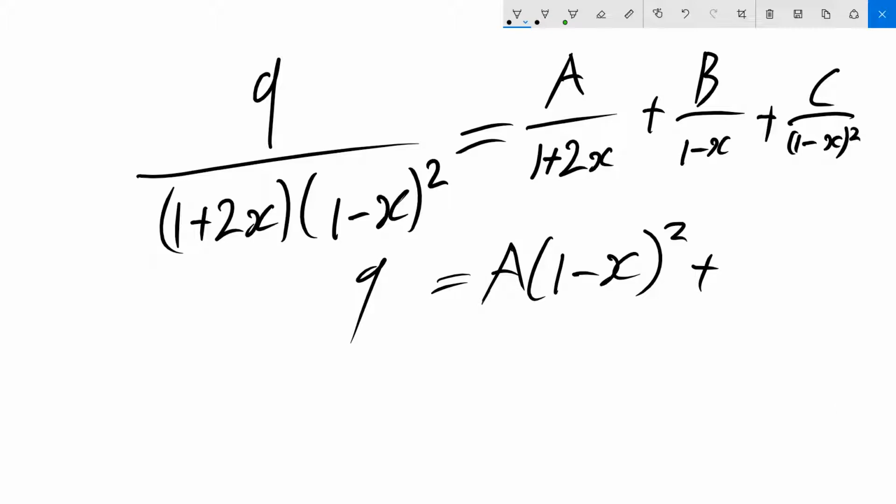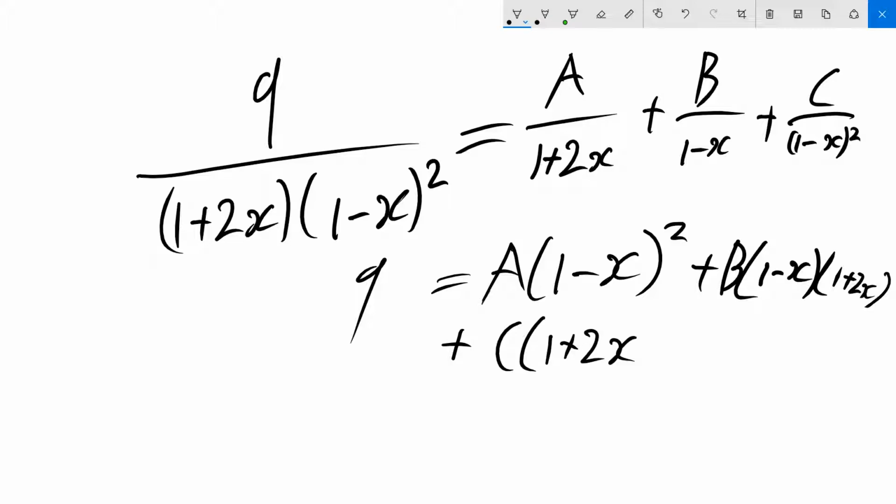So then we have to work out B. So B's missing a 1 minus x to make it a 1 minus x squared, and it's missing what the denominator over at A has. So we have B lots of 1 minus x lots of 1 plus 2x. Now I'm going to have to go into a new line, plus, and this is going to be C lots of 1 plus 2x.